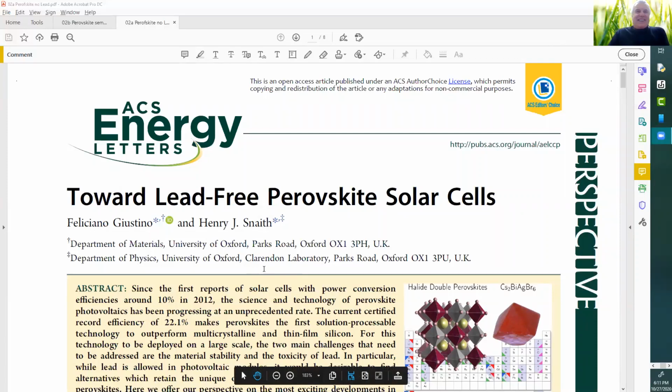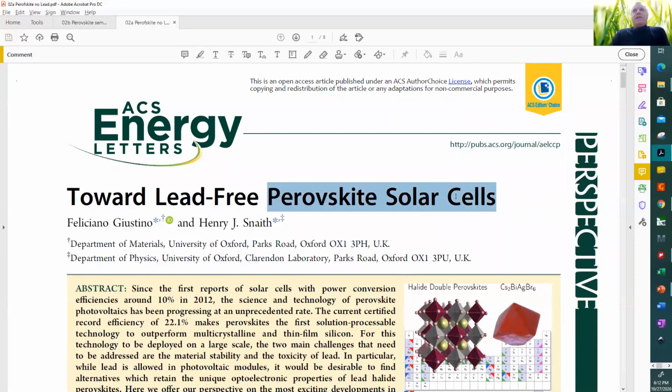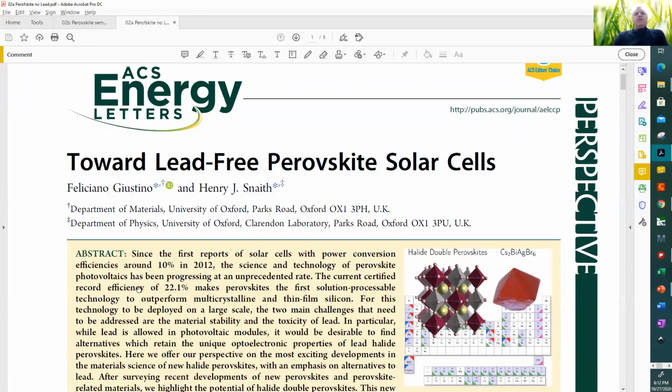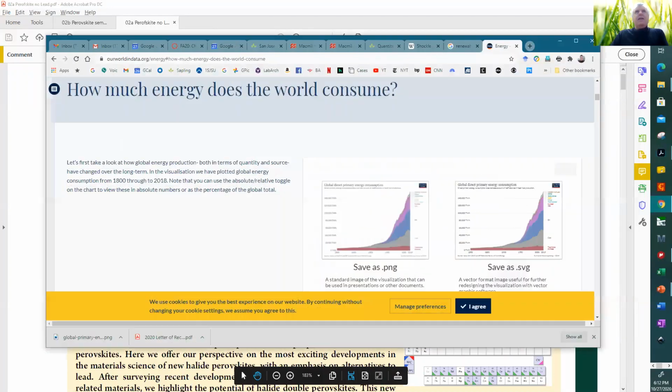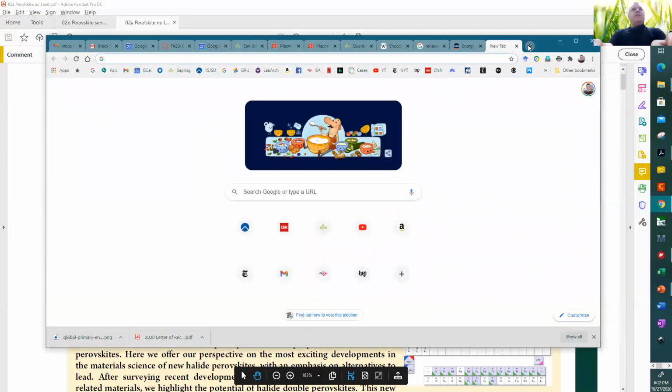I'll just dive in from here because everybody's so bored with all this. But I'd like to talk about perovskite solar cells right now. Perovskite is a well-known crystal structure, basically. Let me look it up.